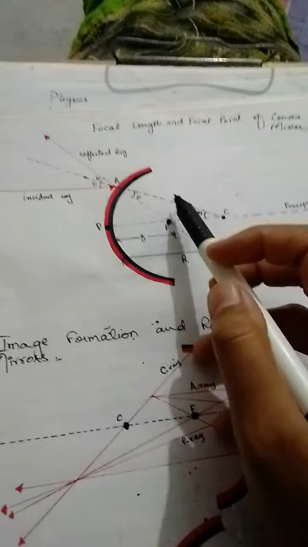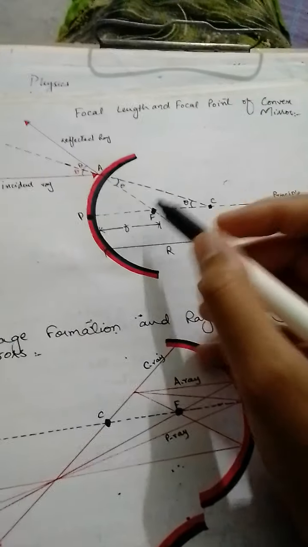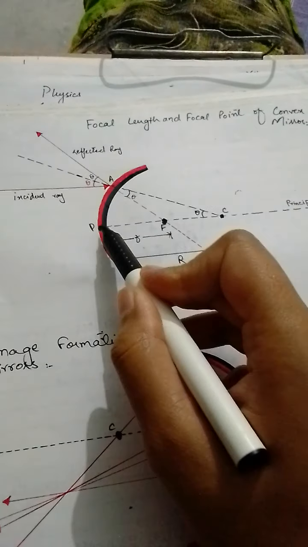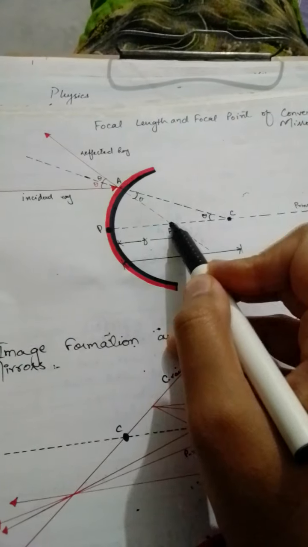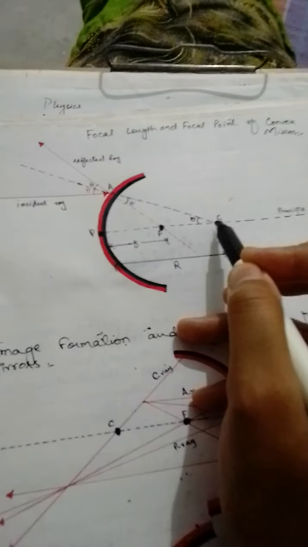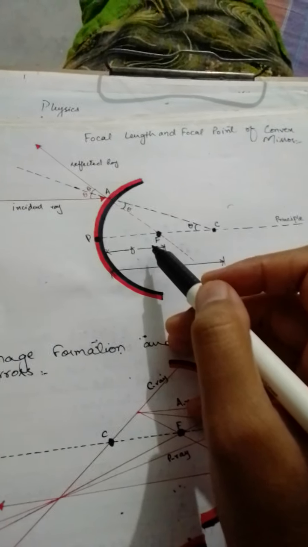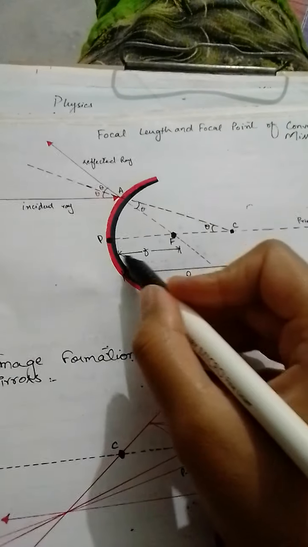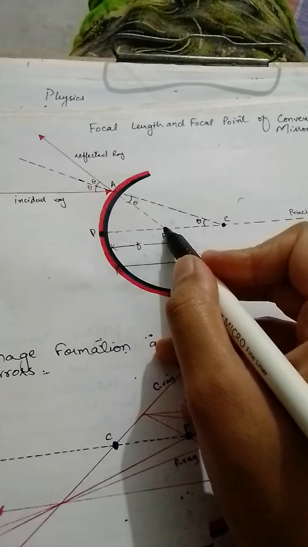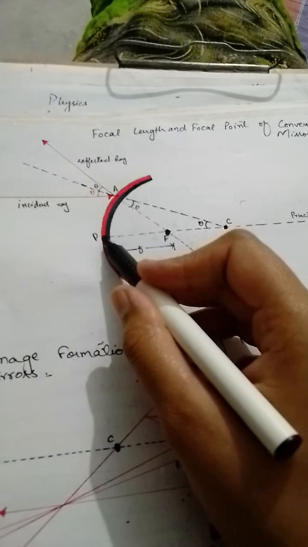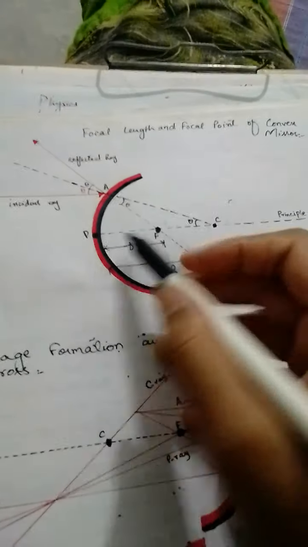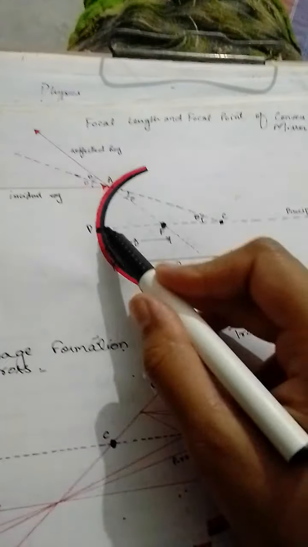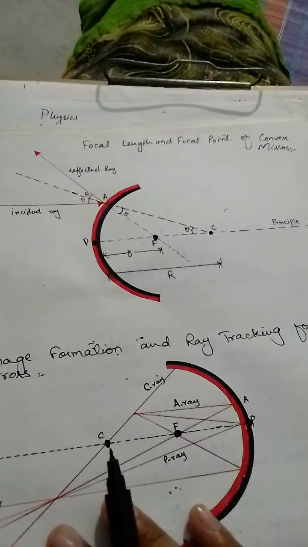We would be able to determine again that this focal point is as far from the pole as it is from the center of curvature, which means that the distance from the focal point to the pole would be half of the distance of the pole from the center of curvature.